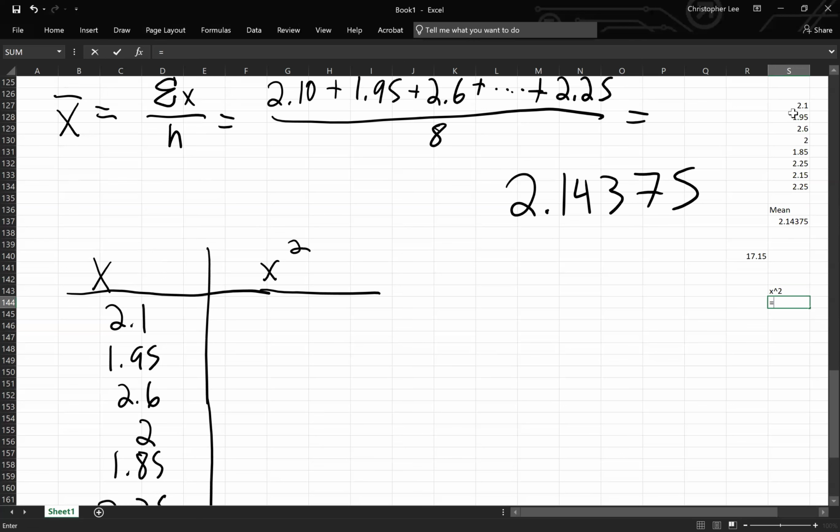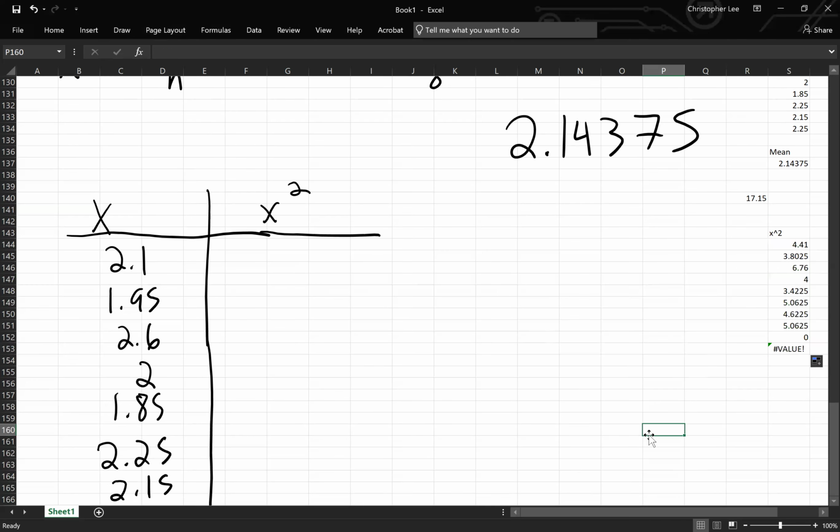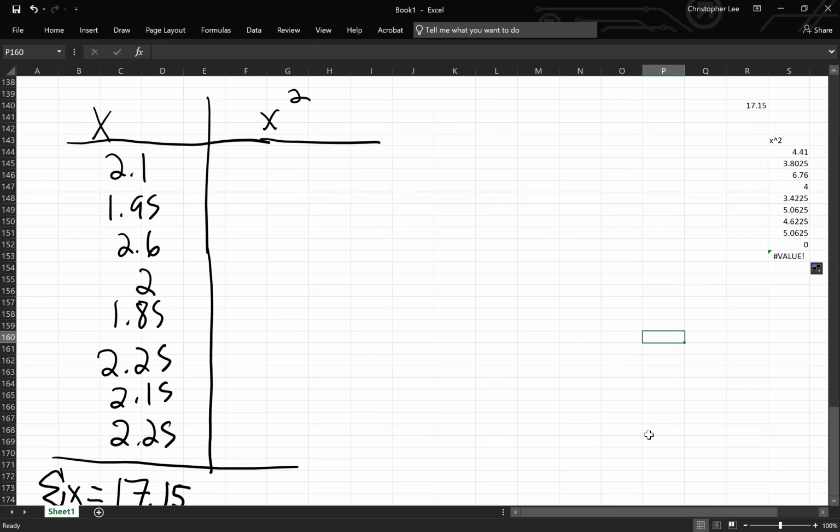And the sum of x is 17.15, from adding all the numbers, 2.1 plus 1.95 plus 2.6, etc. For the first one, which is 2.1 squared, I got 4.41. Next one, I got 3.8025. Next one was 6.76.